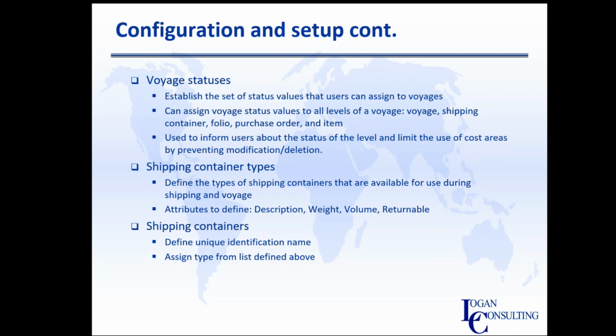So the voyage, the shipping container, which is a sub bucket within the voyage, a folio, which is another sub bucket within the voyage, at a purchase order level, or even at an item level on the voyage line.